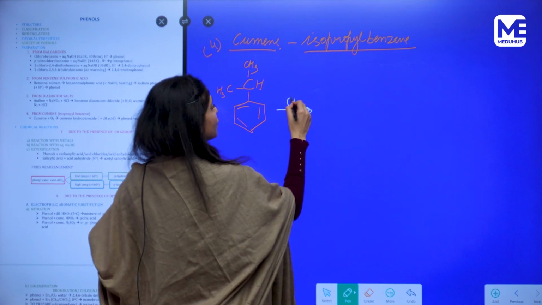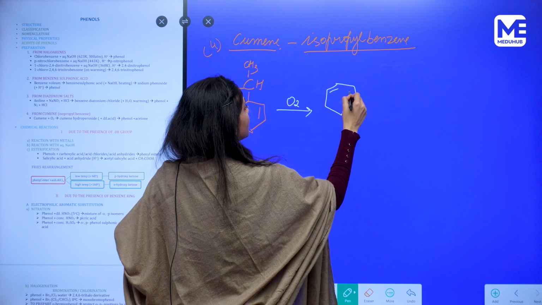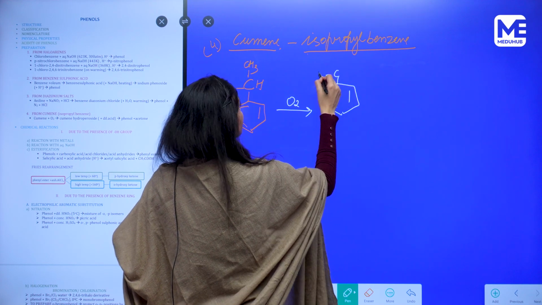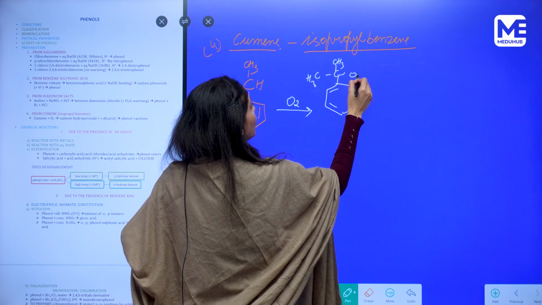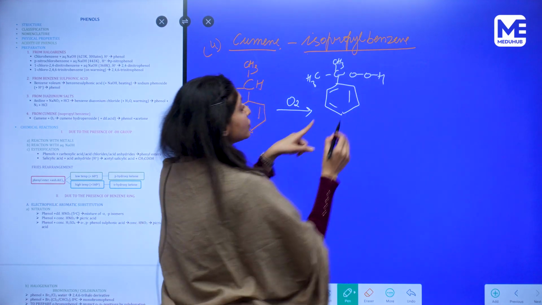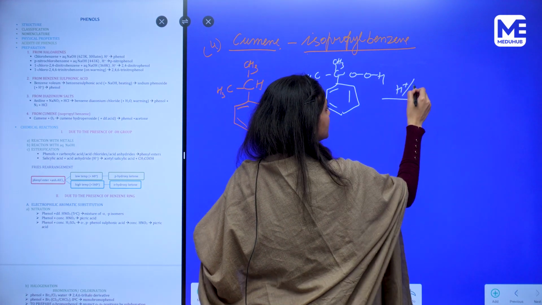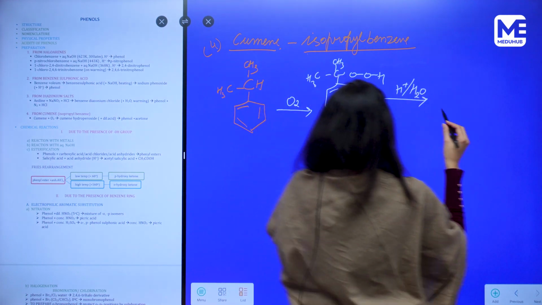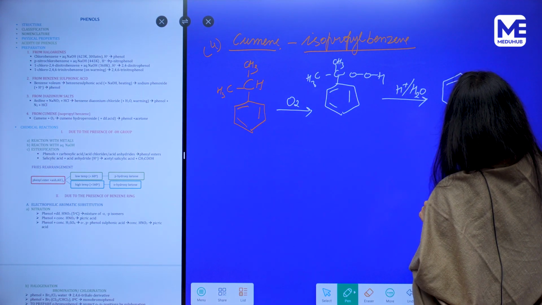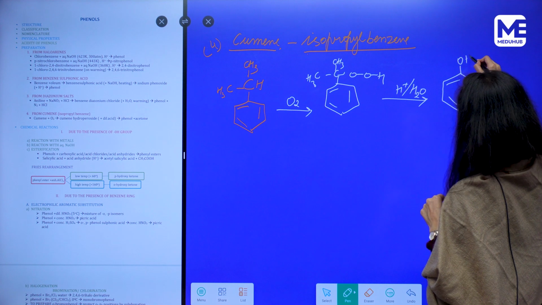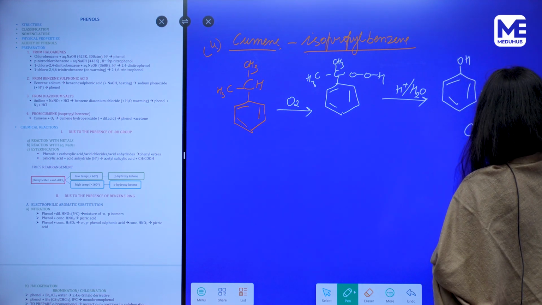So in the presence of air, we will get cumene hydroperoxide. This on treating with dilute acid, which has H2O, we get phenol plus acetone, CH3COCH3.